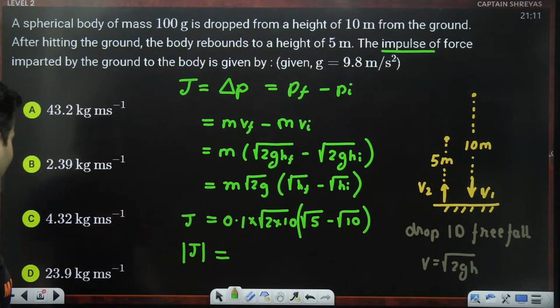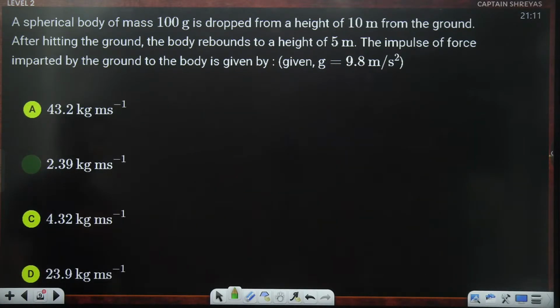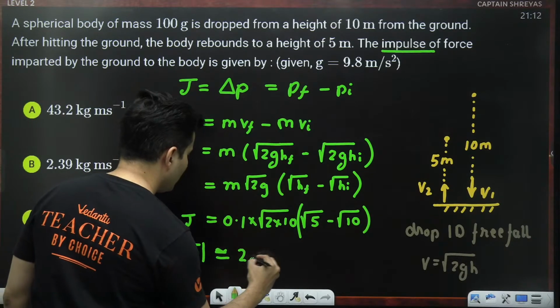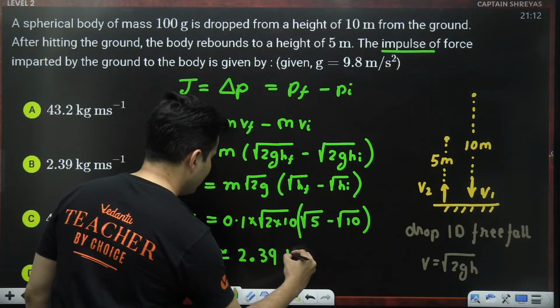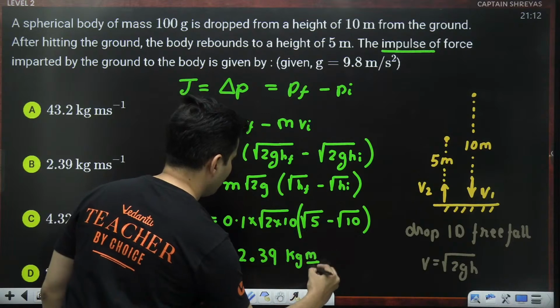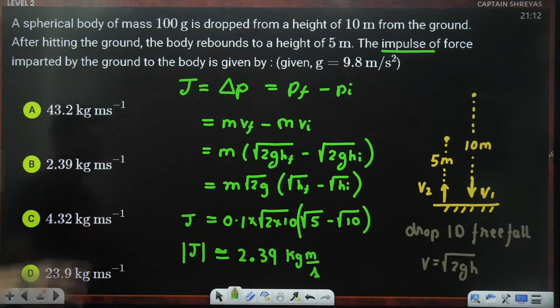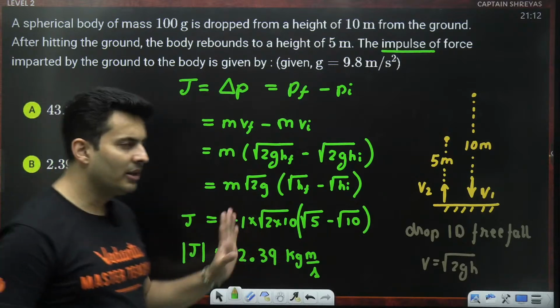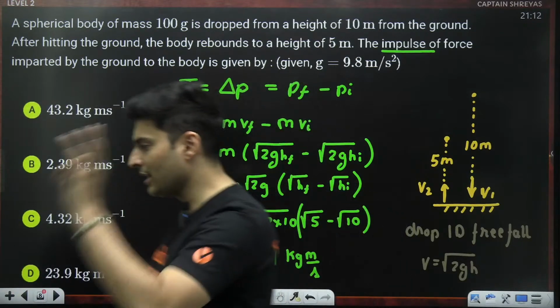So root 5 is almost like 2 point something, and root 10 is 3 point 1 or something, and when you subtract and multiply, you shall get 2.39. So we'll get this approximately as 2.39. Obviously it is kg meter per second. That is the answer. Understood, guys, how to solve it? We are just interested in the magnitude, so I took the modulus even if the answer is negative.